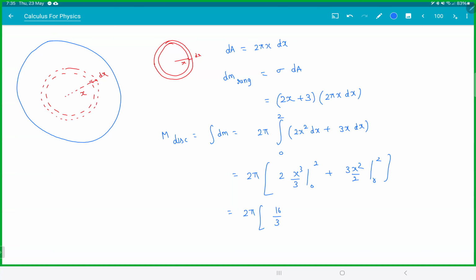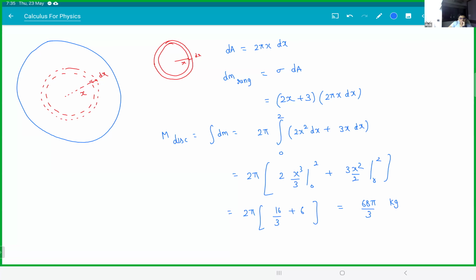I'm skipping steps. That would be 6. That is 18. 18 plus 16, 34, into 2, 68 pi by 3 kgs. Check your calculations, everyone. See where you goofed up. 68 by 3.